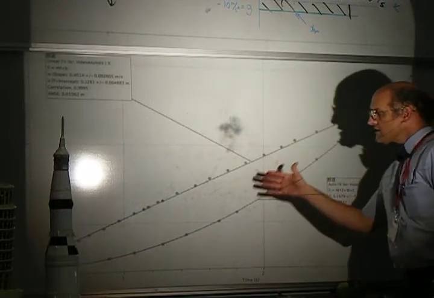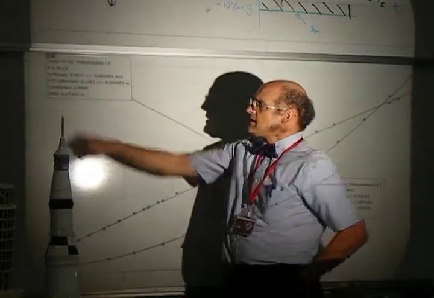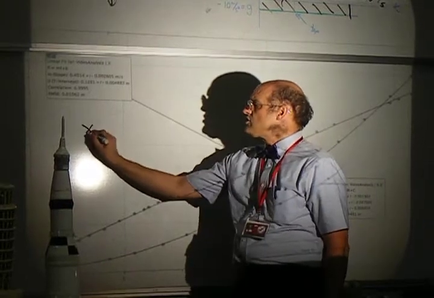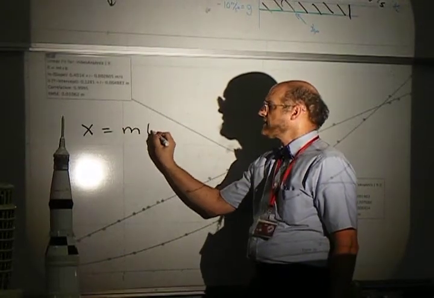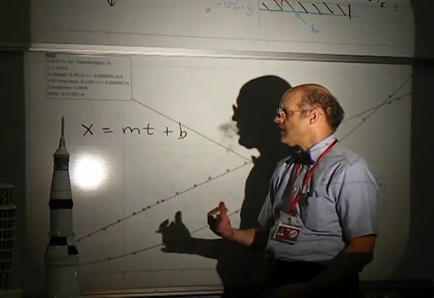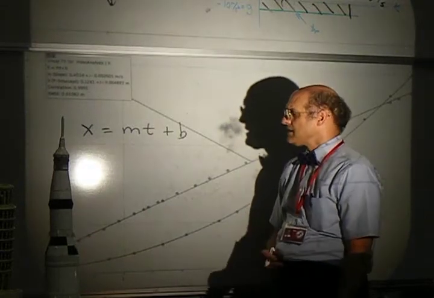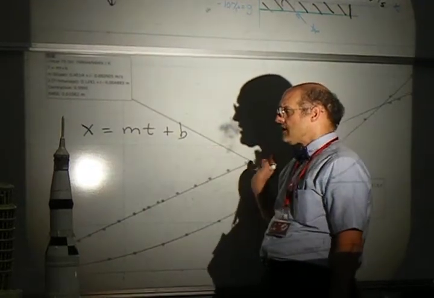Now, like I said, I did a curve fit. I did a linear fit on this. And what we get here is the equation x is equal to mt plus b, where m is the slope. Now, what does that represent? Well, I am plotting here x versus time.